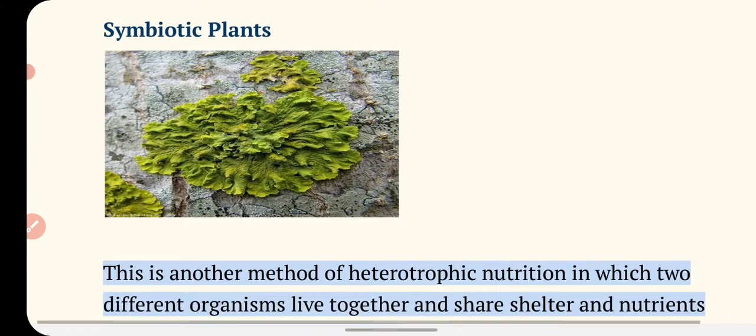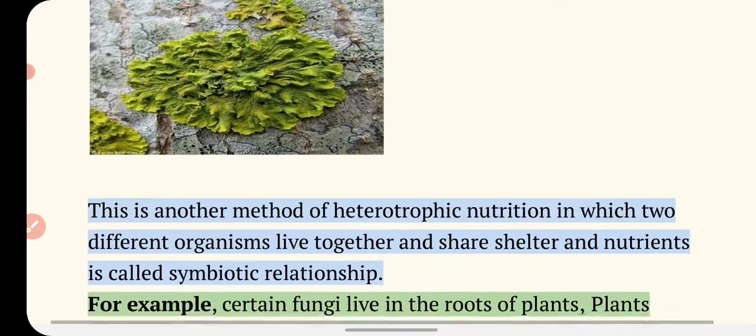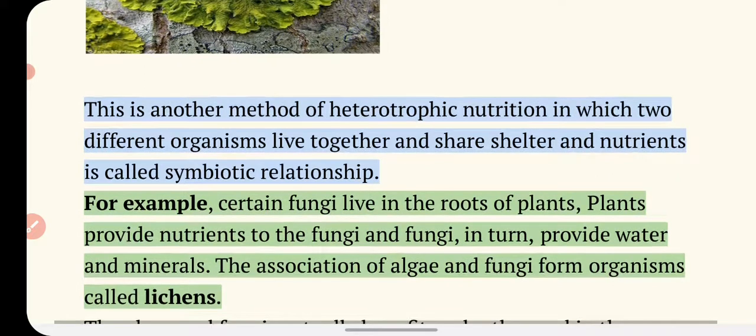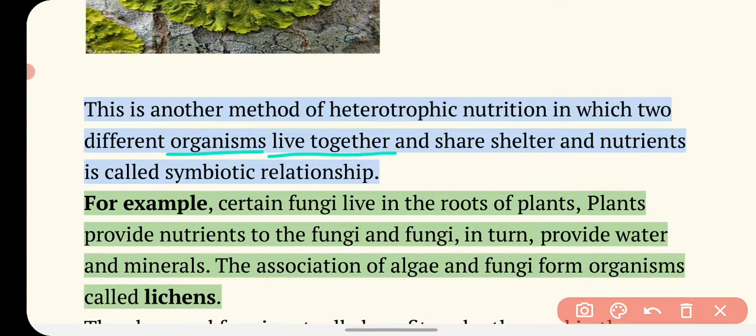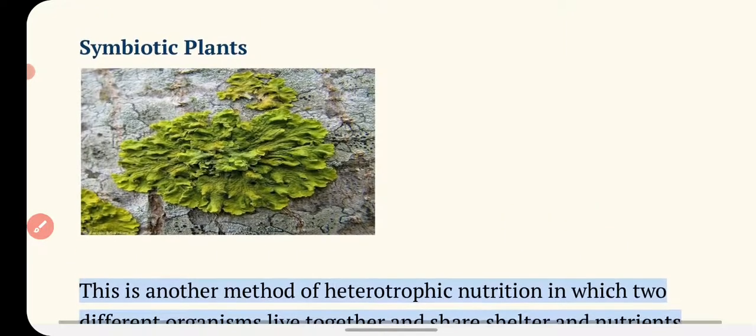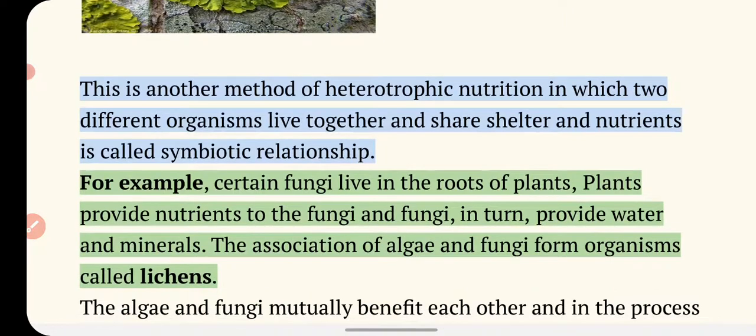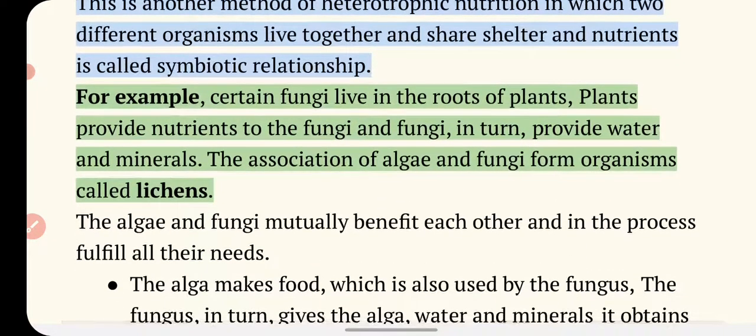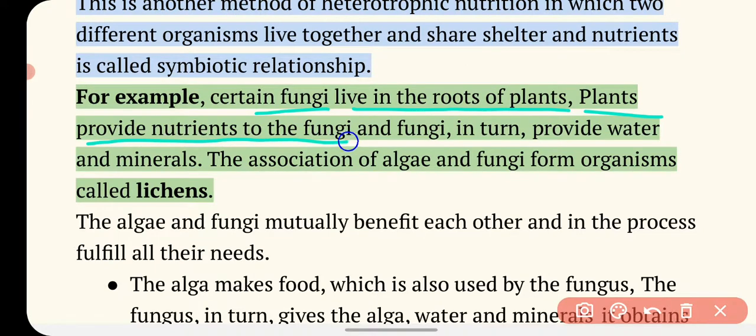Now the fourth kind of heterotrophic plants are symbiotic plants. Symbiotic plants are plants in which two different organisms live together and share shelter and nutrients, and this is called a symbiotic relationship. Two organisms live together and they benefit each other. For example, certain fungi live in the roots of plants, and plants provide nutrients to the fungi, and fungi in turn provide water and minerals.